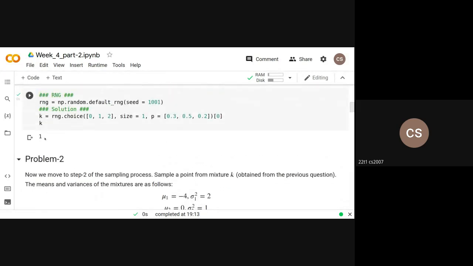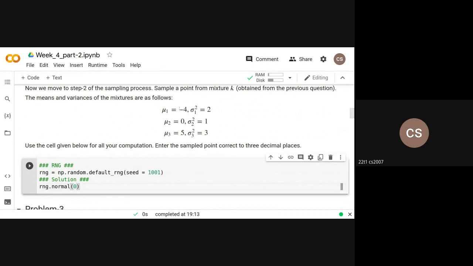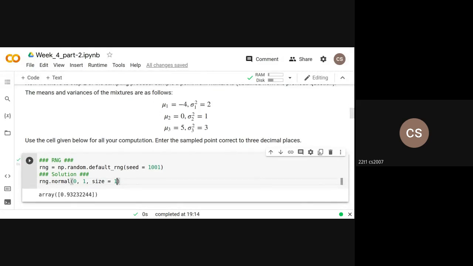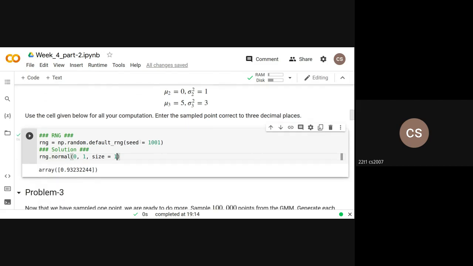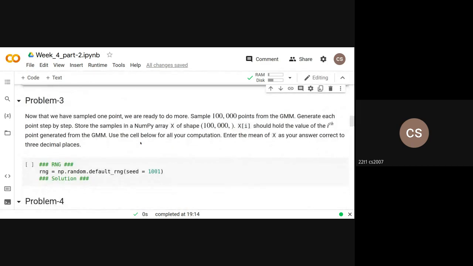What mixture did we get? 1, sorry, so you'll have to keep going back and forth between the notation. I'm just sampling 1 point. Okay, so this is the point that I get. Now I'm moving on.